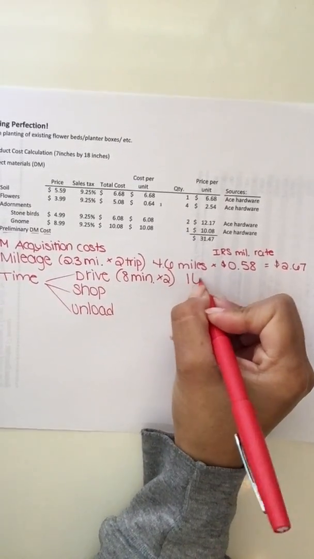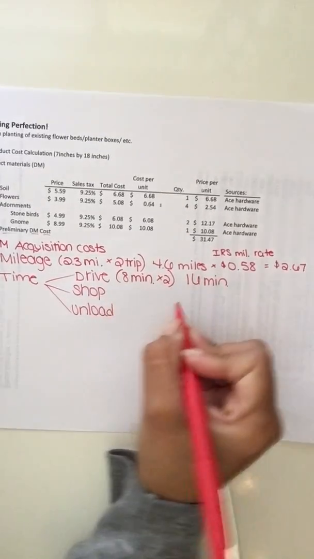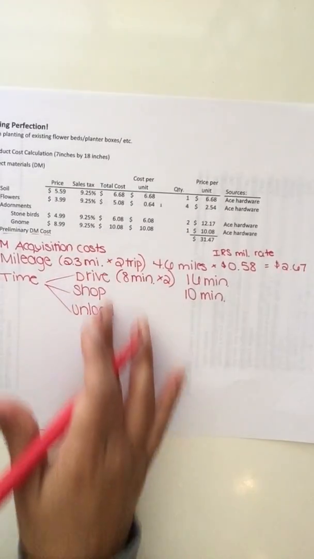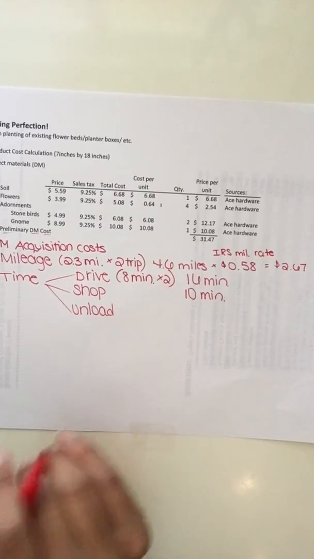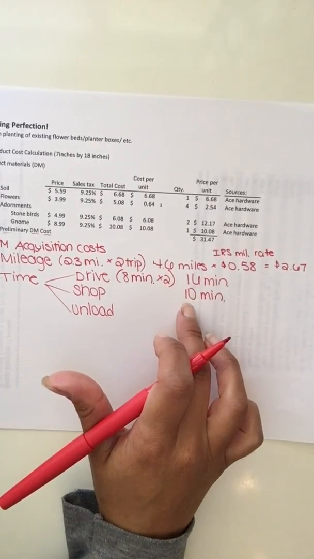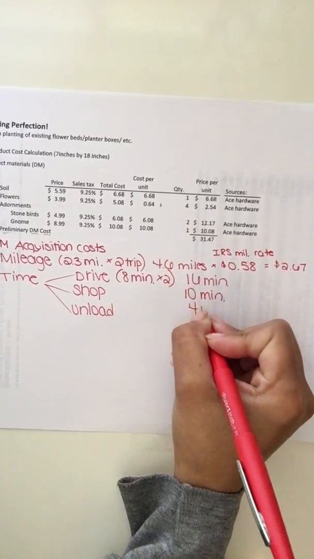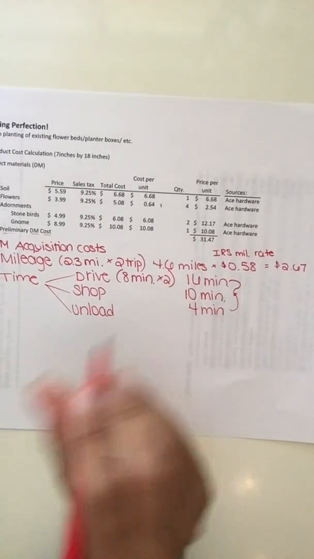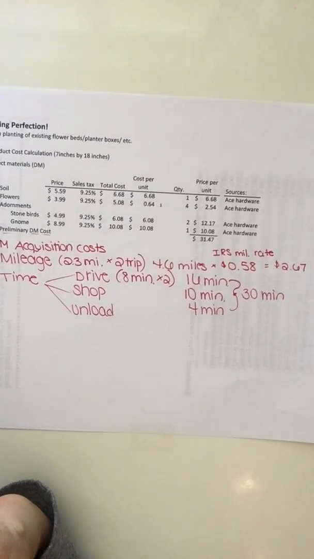So that gives me a total of 16 minutes. It took me about 10 minutes to shop. Luckily, everything I needed was in the same aisle, so I grabbed the soil, the flowers, and my decorations. And this also includes any time that you spend waiting in line to check out and walking back to your vehicle. And then unloading, I'll say it took me about 4 minutes. So add all that up, I should get a nice even 30 minutes.